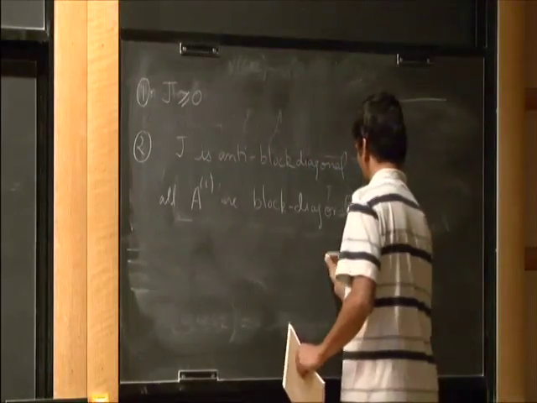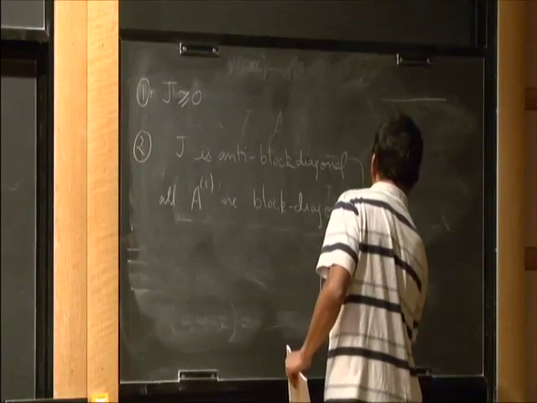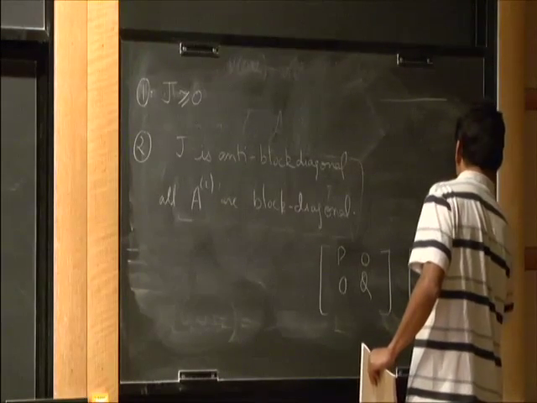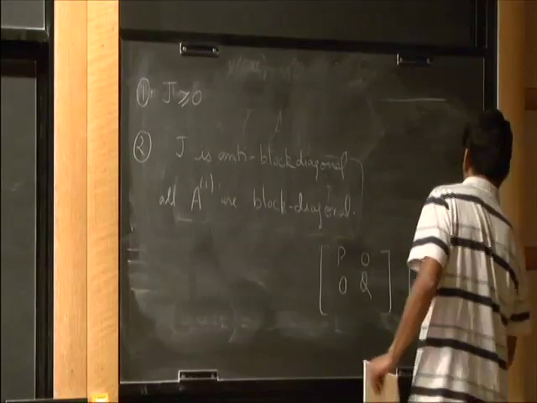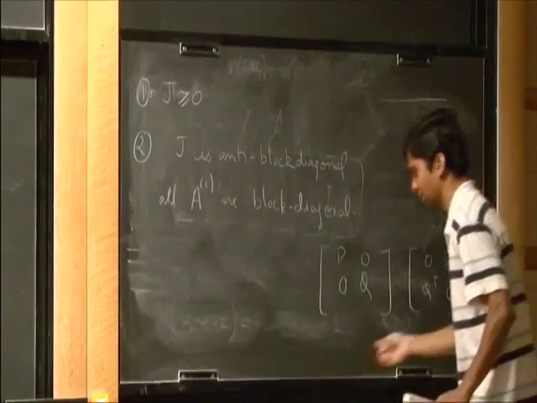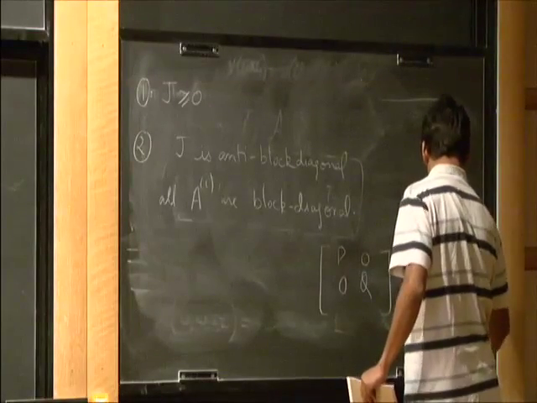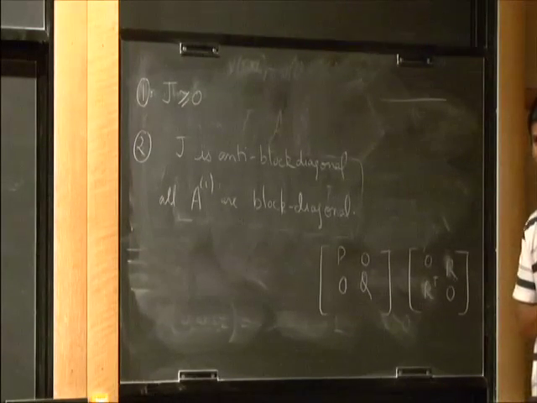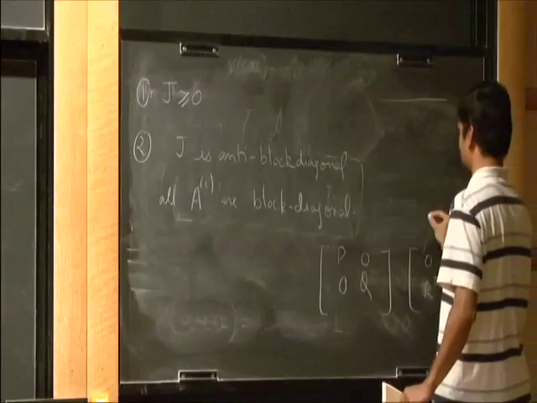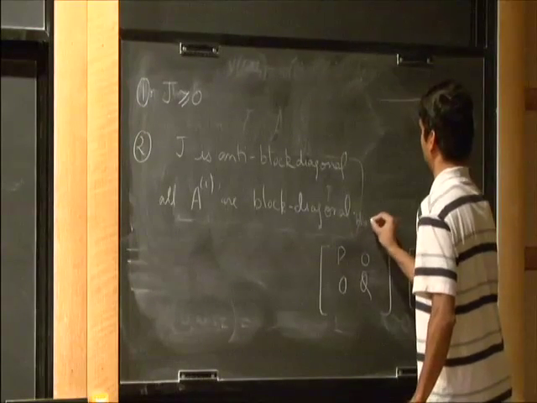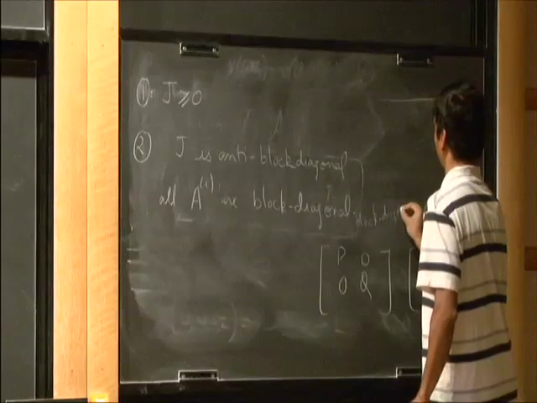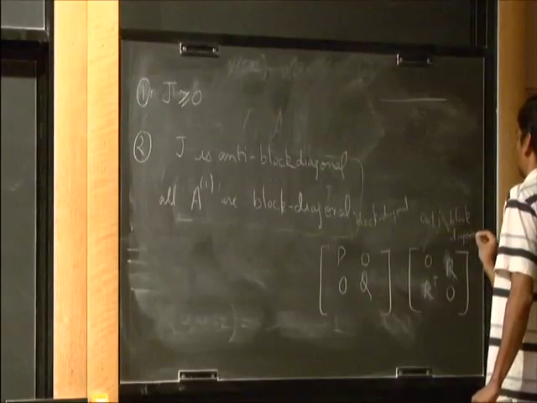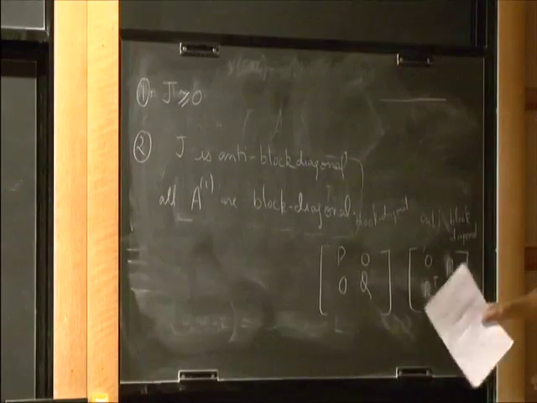What I mean by block diagonal is this matrix, and block anti-diagonal is this, where you can have a different p and q. So this is anti-block diagonal, and this is block diagonal.